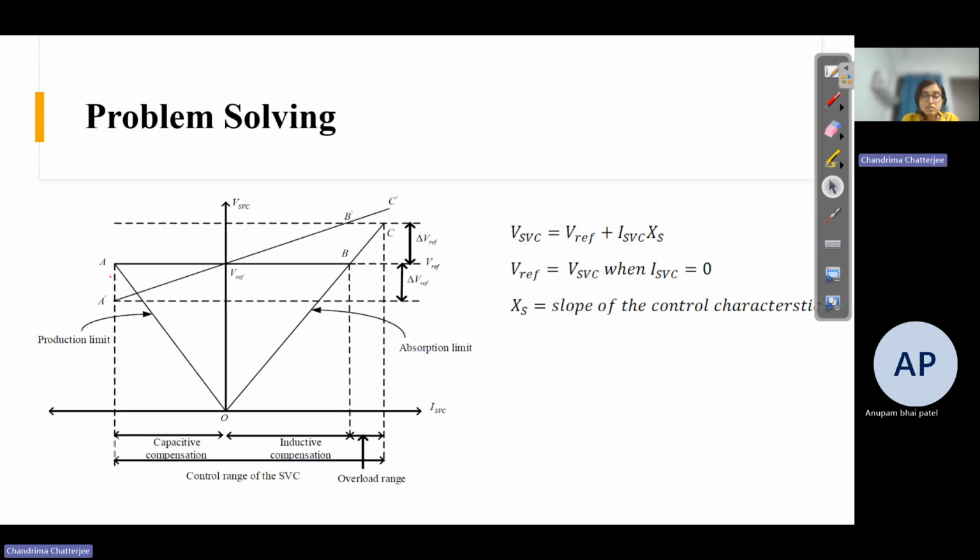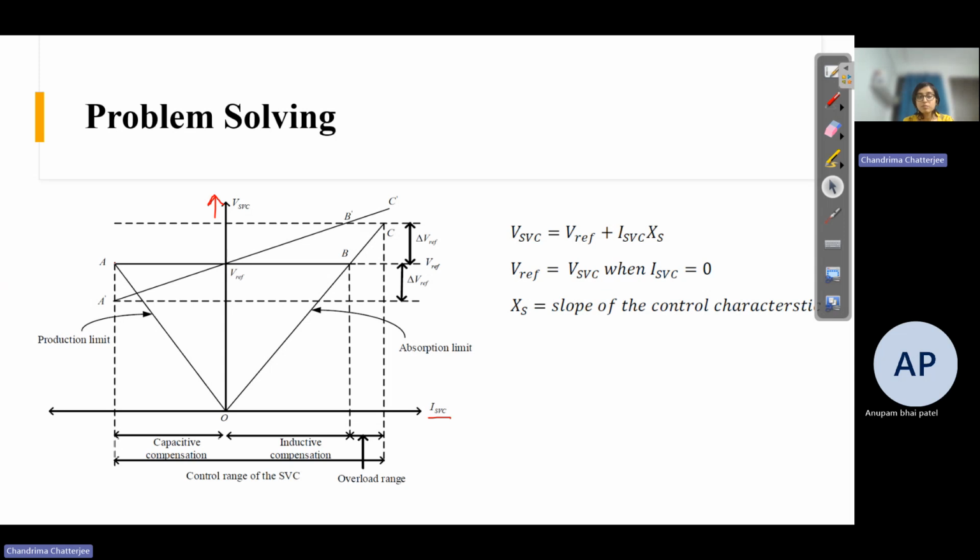See, so we talked about the reactive power compensation that is performed by SVC, right? So we already saw this characteristic. This is called the control characteristic where the x-axis is ISVC, the current of the SVC, and y-axis is the voltage of SVC.